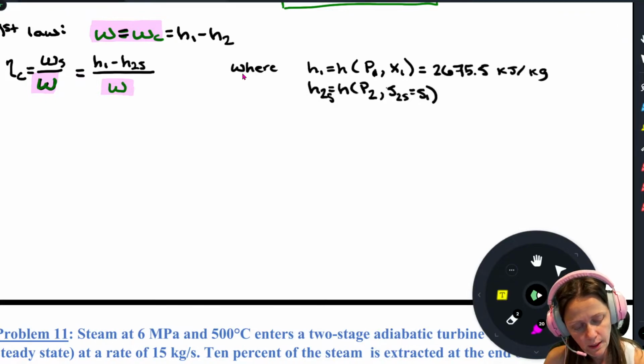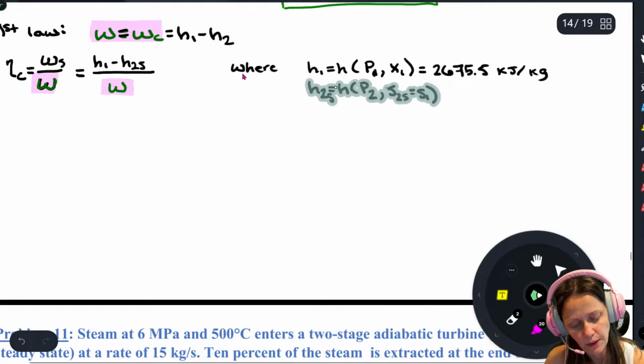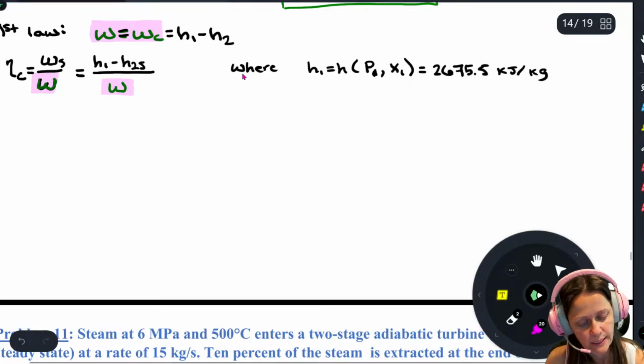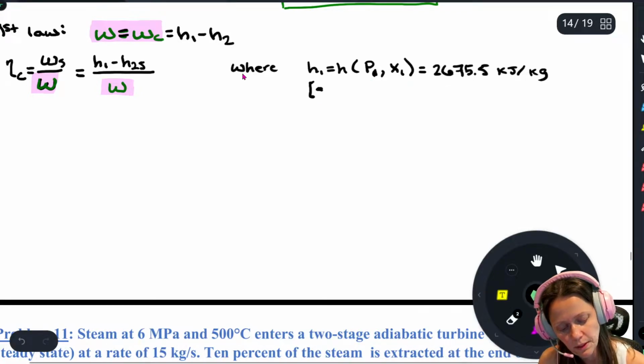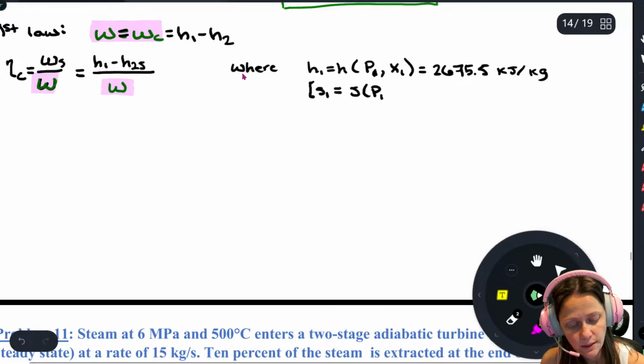I'm going to move that down because I like to keep the properties for state 1 together. This is going to be S at P1 and a quality of 1 at state 1.